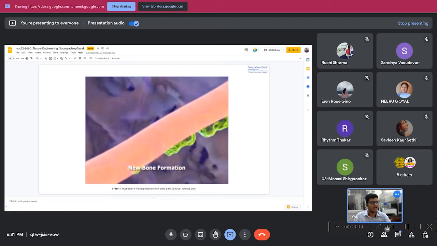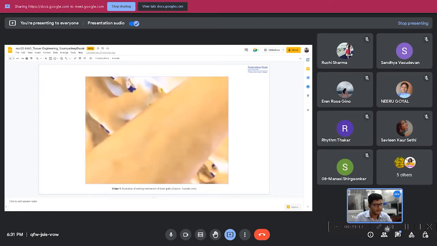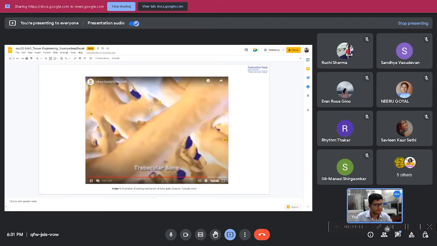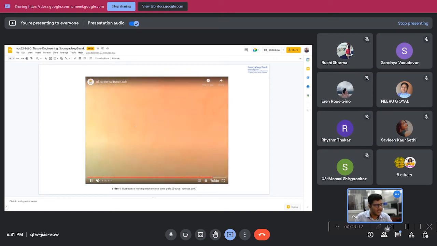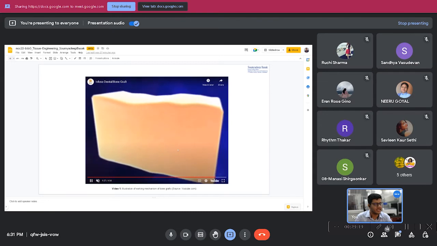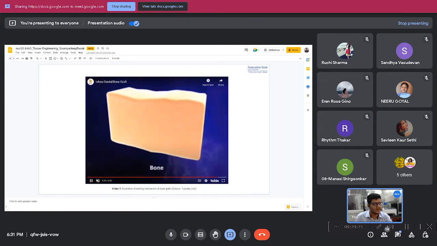See, the new bone formation has occurred, and you can also see the angiogenesis has started taking place. And as the bone formation is occurring, we have bone formation and angiogenesis.